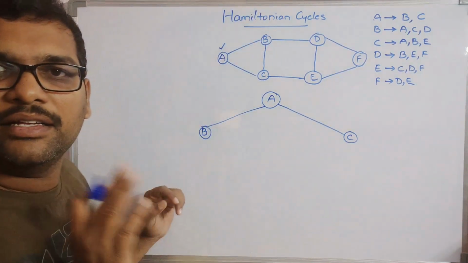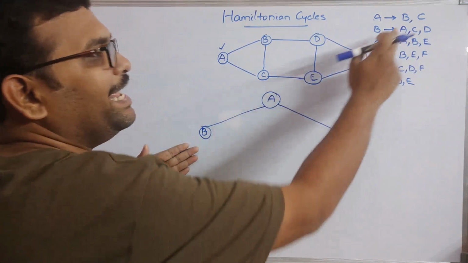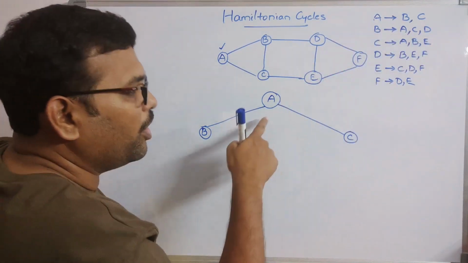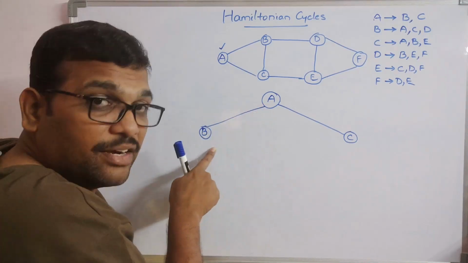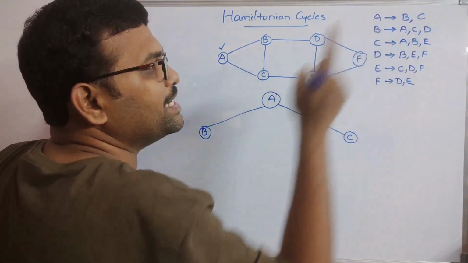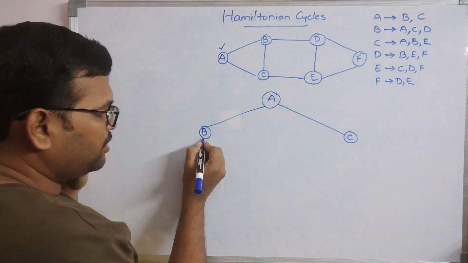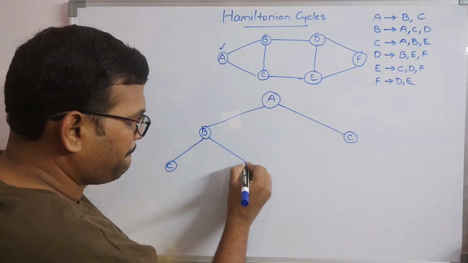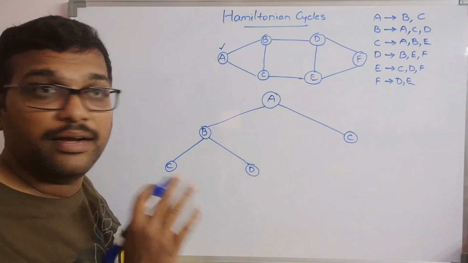Now B: what are the outgoing edges? A, C and D. A is already visited because we are at B from A itself, so you need not consider A. So the outgoing edges are C and D.